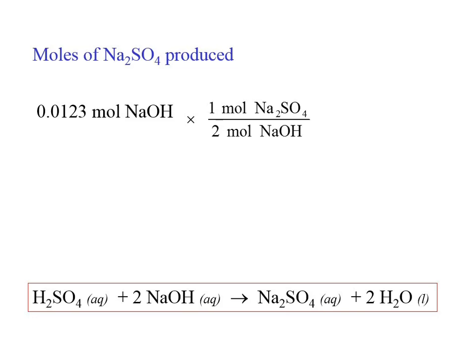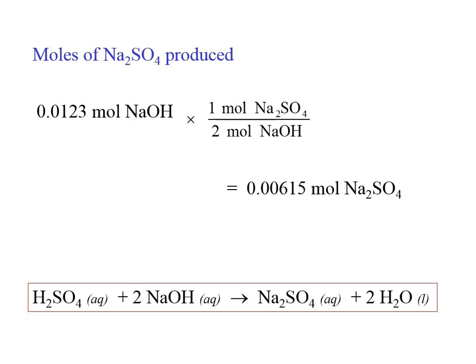So these moles are the same as the moles of H2SO4. Not so surprising. 0.00615 moles of Na2SO4. It is the same moles, isn't it? Because they're like a 1-to-1. Okay. So we're almost done.